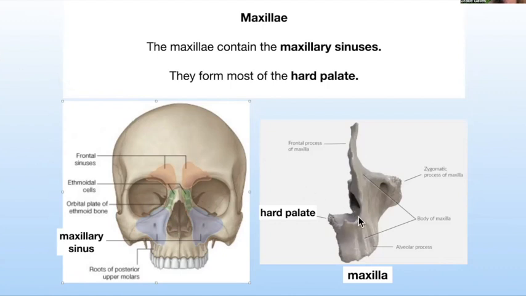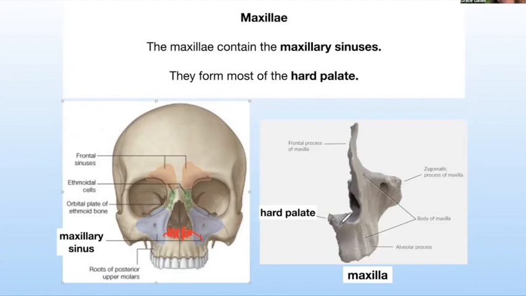So what we're seeing here is if we look inside here, the floor of the nasal cavity is actually formed by an upper shelf in the maxilla bone.